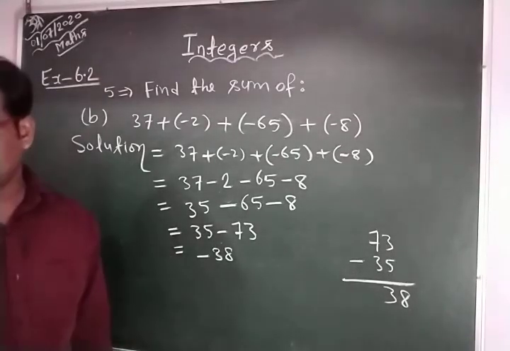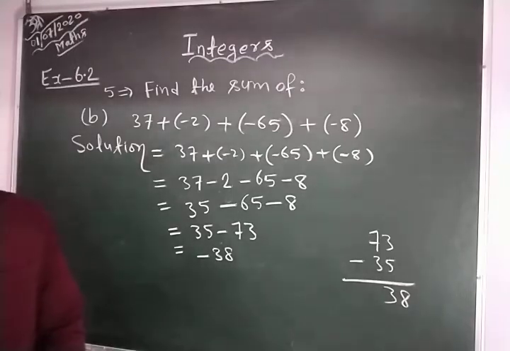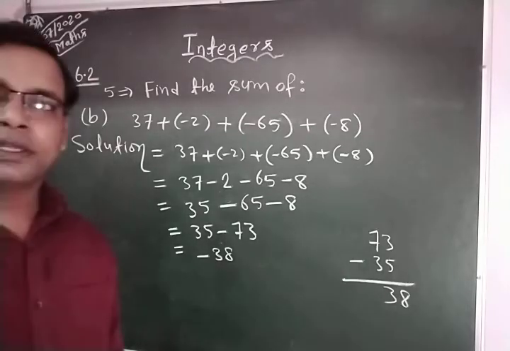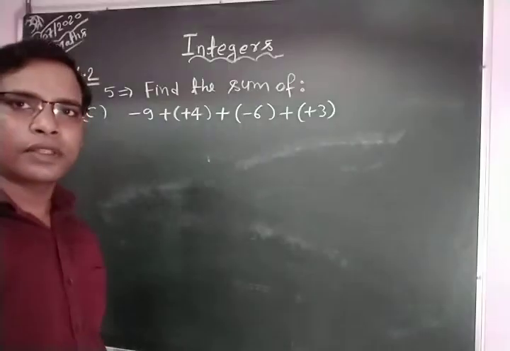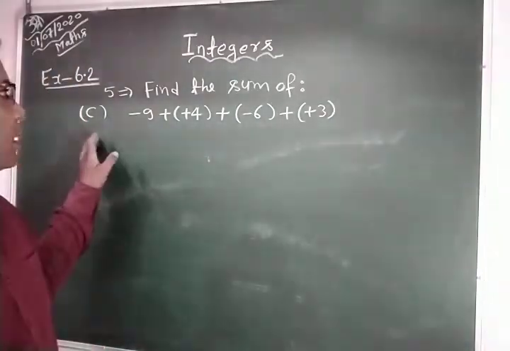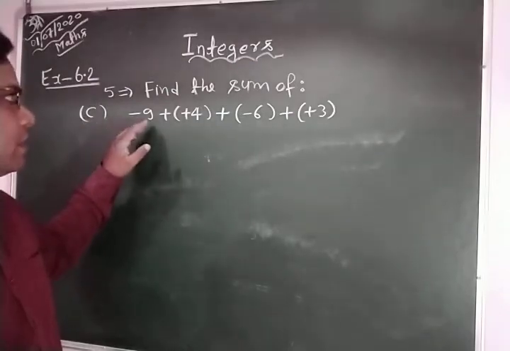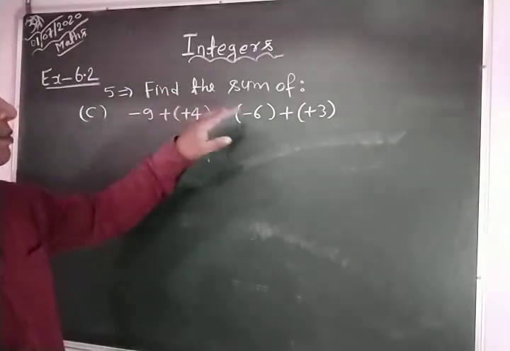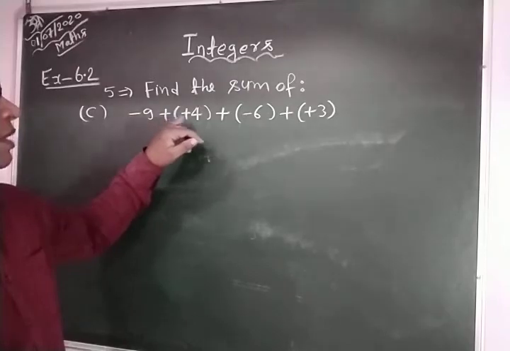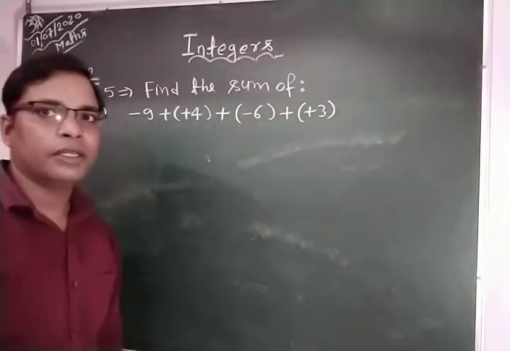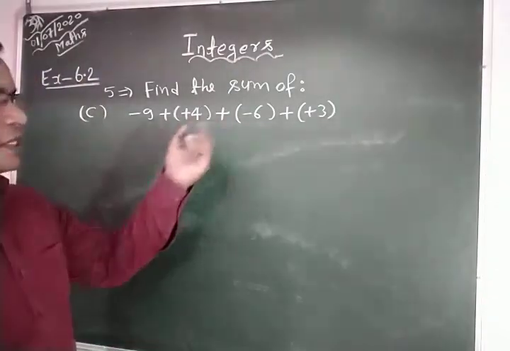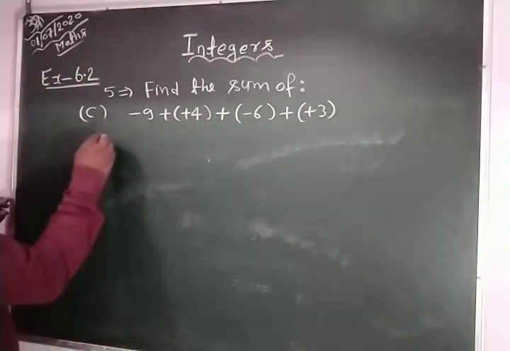Now the C part of this question is minus 9 plus 4 plus minus 6 plus 3. So let's see how to solve the C part of this question. This is the C part of question number 5. Find the sum of minus 9 plus 4 plus minus 6 plus 3. So write the solution.